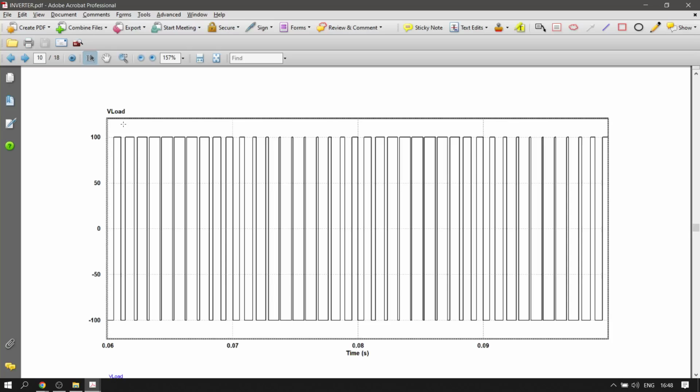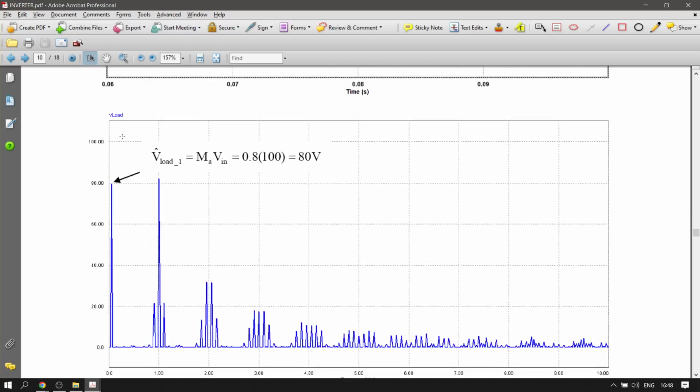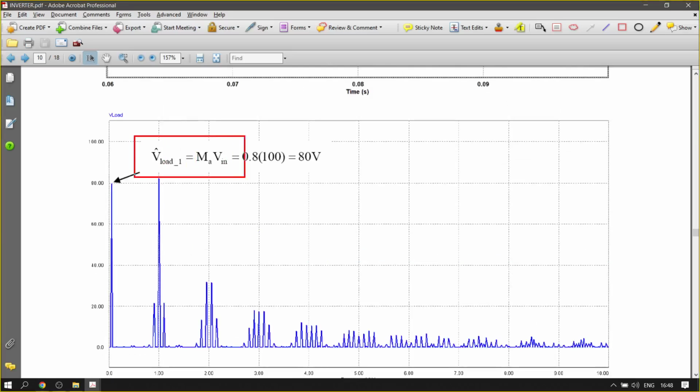Okay, so we load, right, dan ini kita nak dapatkan apa dia value dia. Betulkah value dia ini 0.8 multiplied by 100 ataupun MA whatever the modulation index. Modulation index simple je. Modulation index MA is always Vm peak divided by V carrier peak.